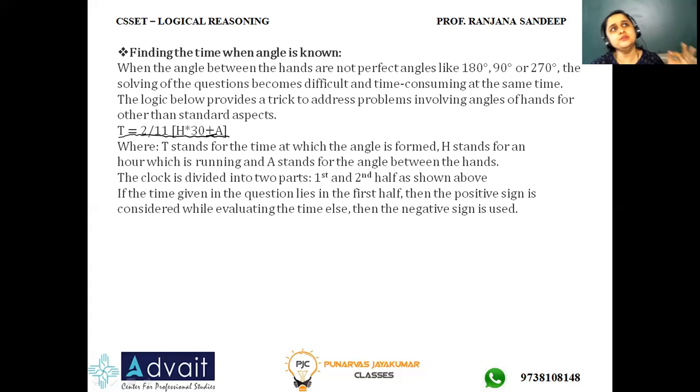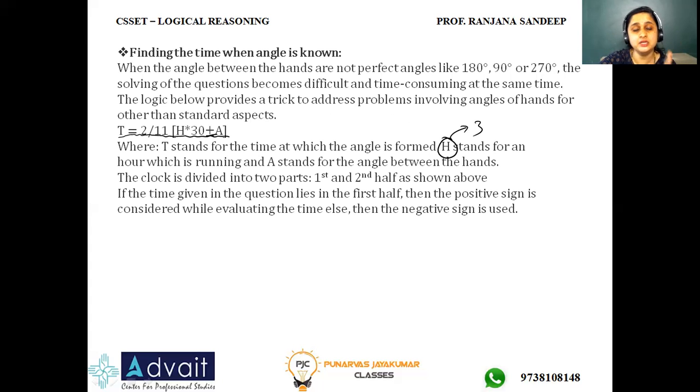The problem will be like this: it is between 3 and 4 p.m. When they say it is between 3 and 4 p.m., then you know the value of h. Here, h stands for the hour which is running. If the time is between 3 and 4 o'clock, h is clearly 3, correct?